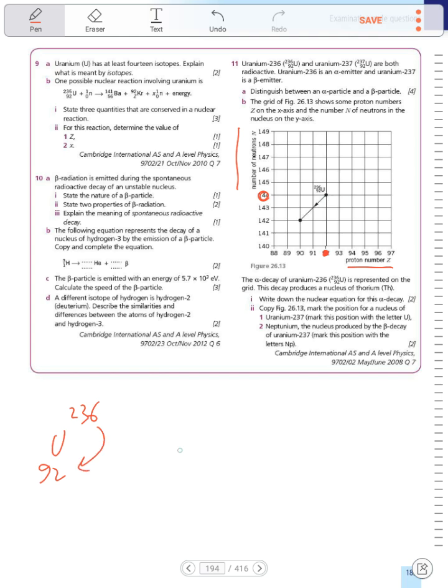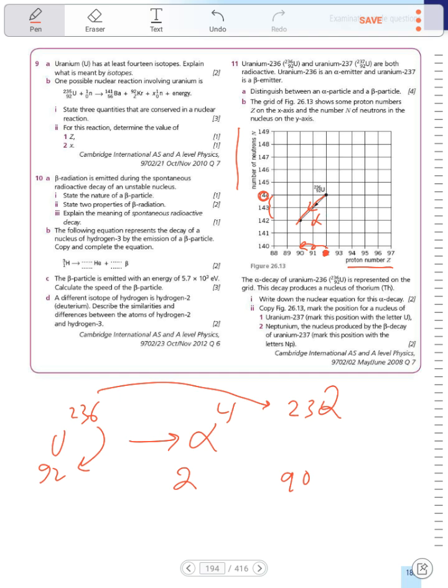If we have an alpha decay, the number of protons decreases by 2, so we have 90 protons, so the particle will move 2 steps to the left, and this number will be 232, because alpha is 4, 2. So this number will decrease by 2. The number of neutrons will decrease by 2. So we have 2 steps down. So this is the direction of alpha.